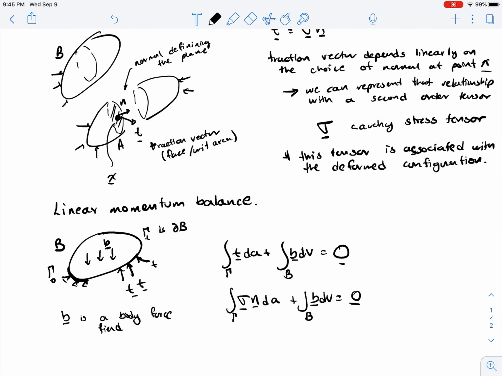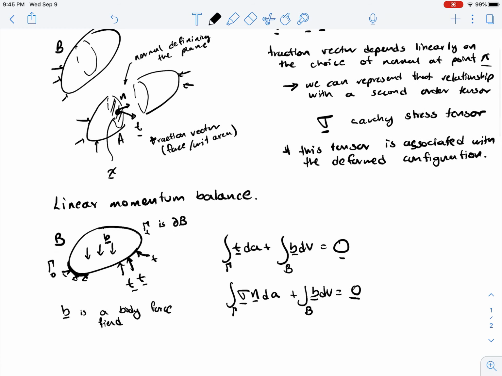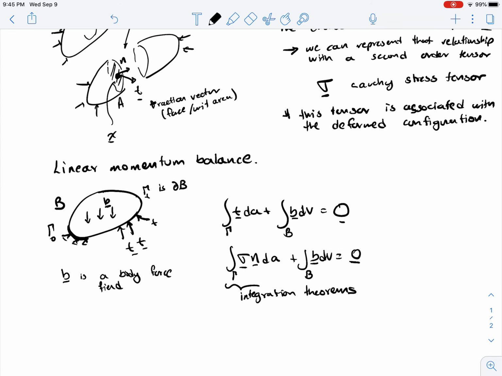And if you go back to some of the mathematical preliminaries, we're going to use one of the integration theorems that we had before to transform this boundary integral into a volume integral.